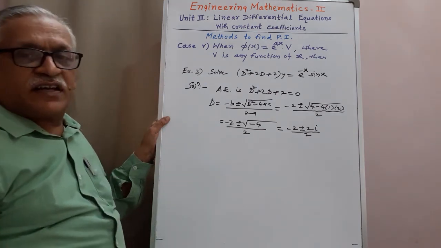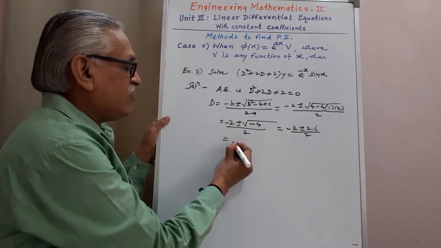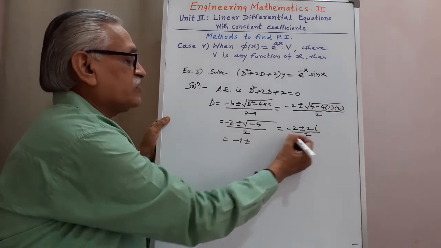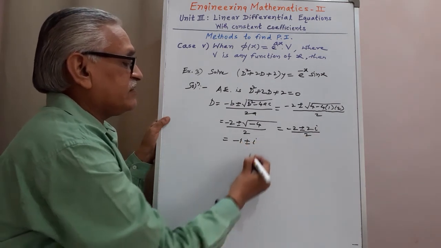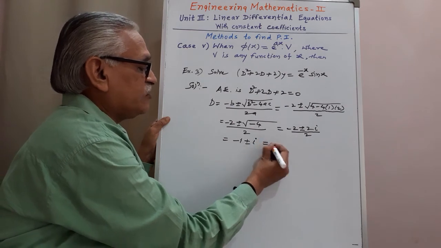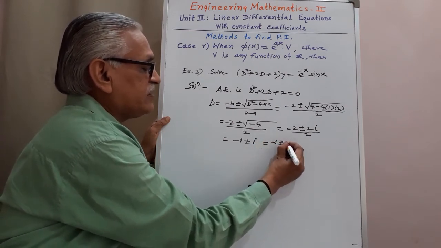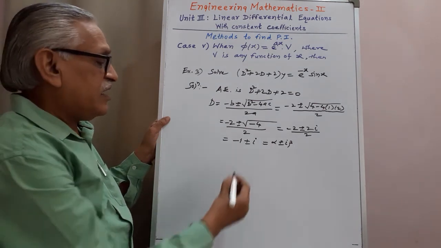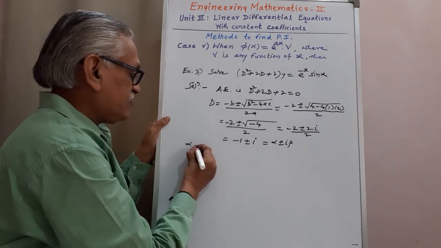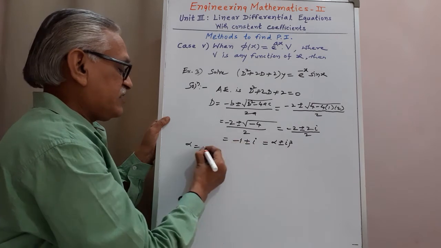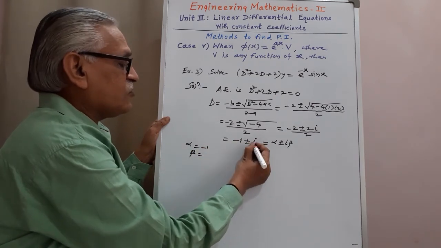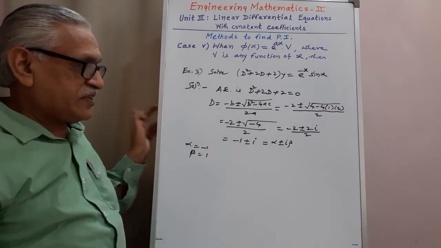Taking separate division, we get the value of D as minus 1 plus minus i, the 2s getting cancelled. The roots are imaginary in the form of alpha plus minus i beta. Therefore alpha, the real part, is minus 1, and imaginary part beta, the coefficient of i, is 1.